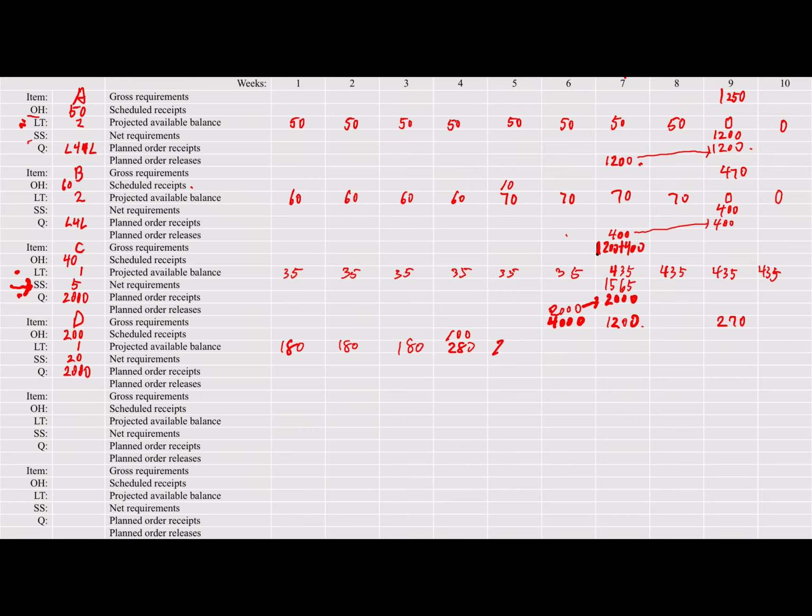There's no requirement, so 280 until week 6. At the beginning of week 6, I only have 280. The requirement is 4,000, which means I'm short of 3,720.